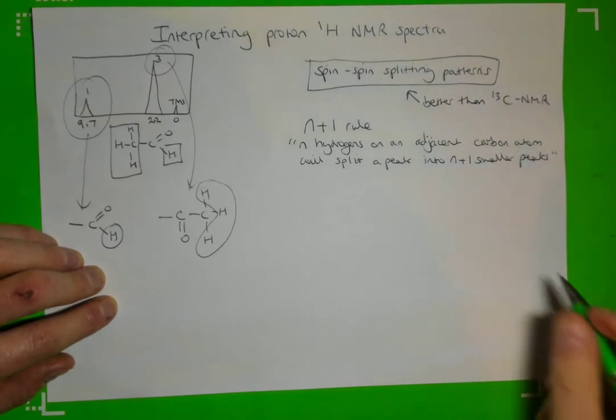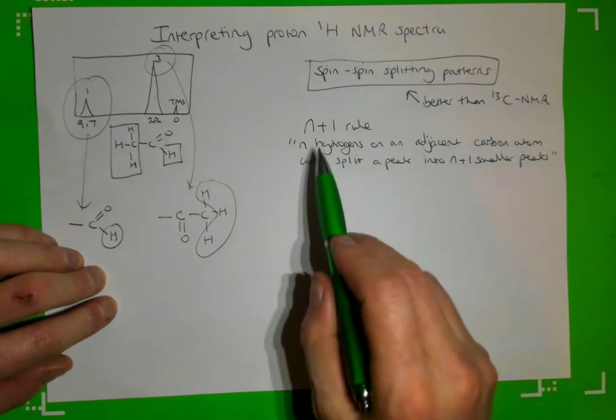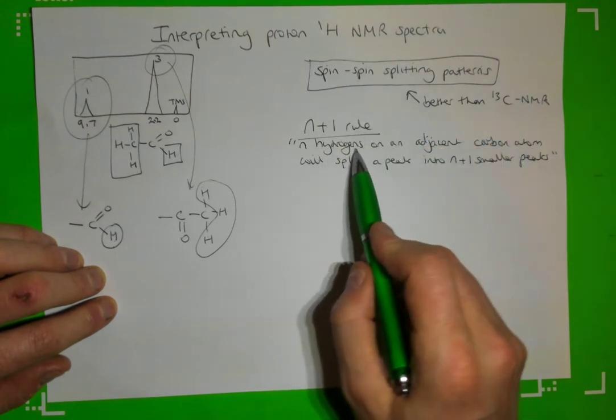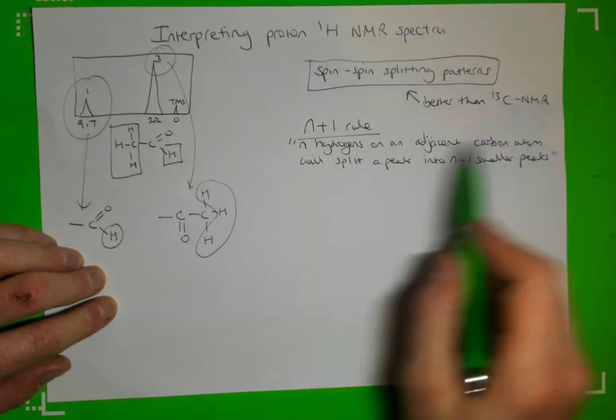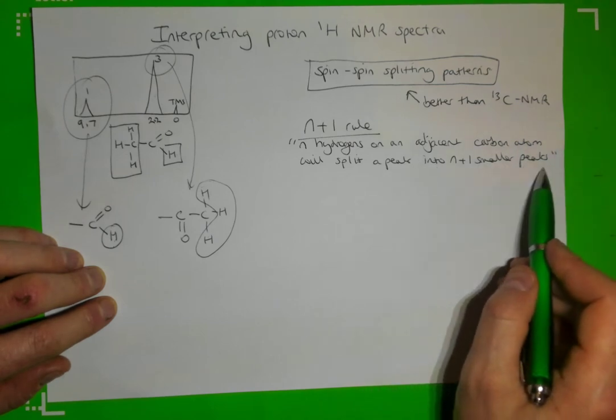I'm going to read that out now, but it might not mean much to you just yet, but just write it down, we'll come back to it. The N+1 rule is: N hydrogens on an adjacent carbon atom will split a peak into N+1 smaller peaks.